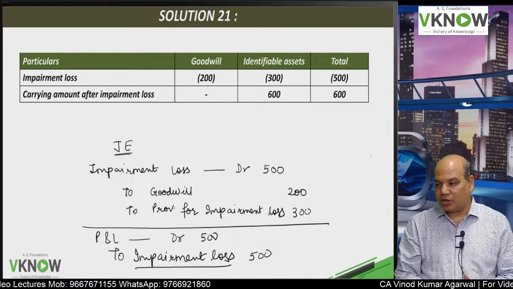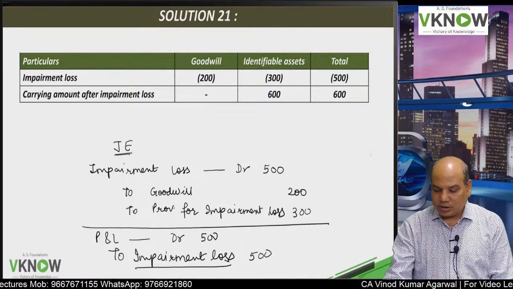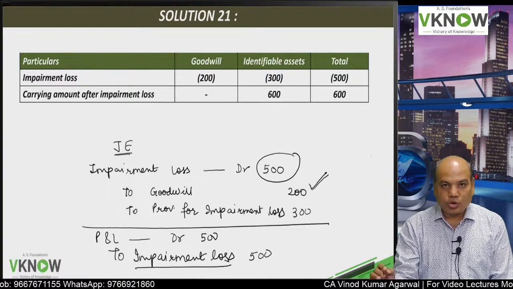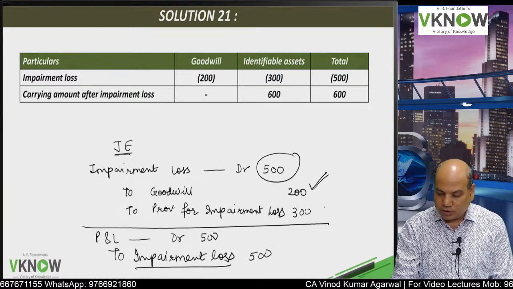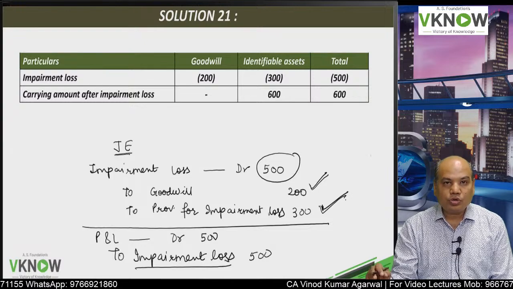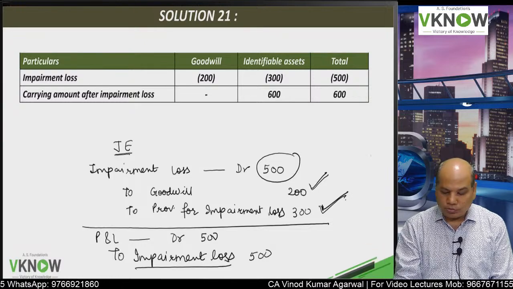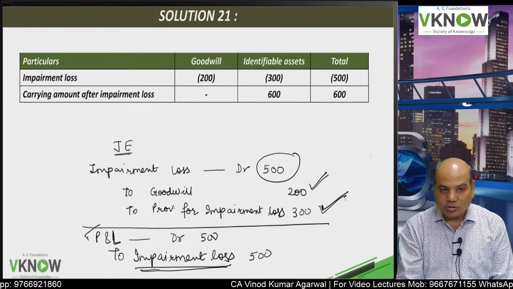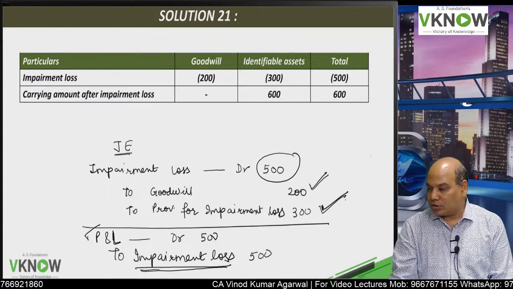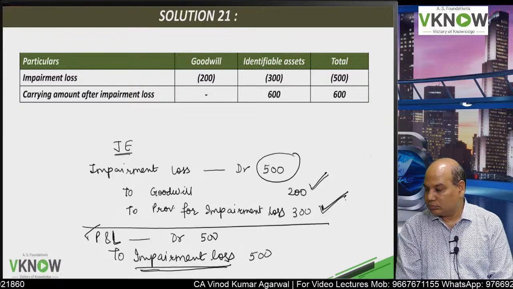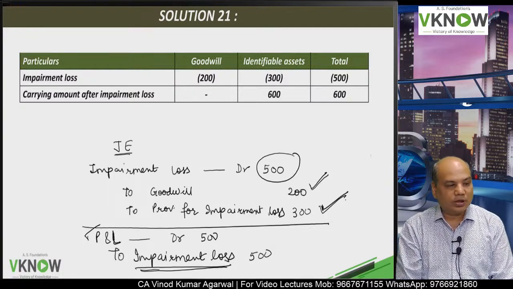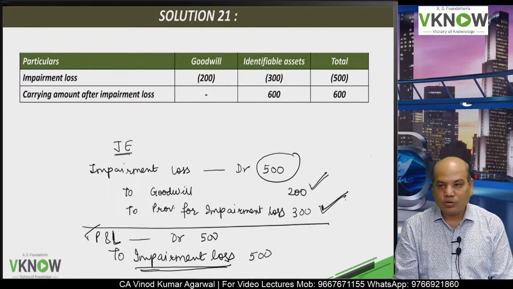So with the help of the journal entry, you will understand again that impairment loss will be first used to write off goodwill and then the assets of the CGU, and impairment loss will be transferred to profit and loss account. Is this right? So today we'll stop here. We'll continue tomorrow. Thank you very much.